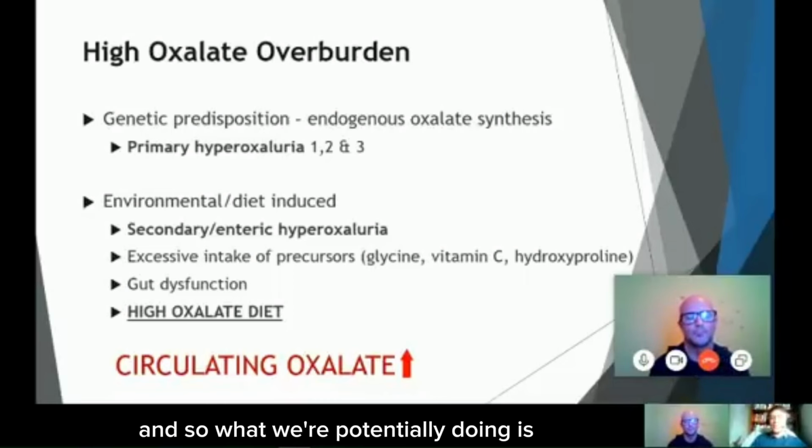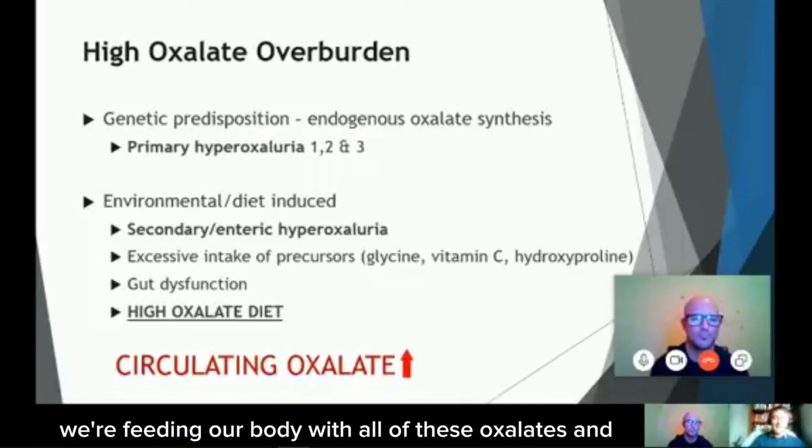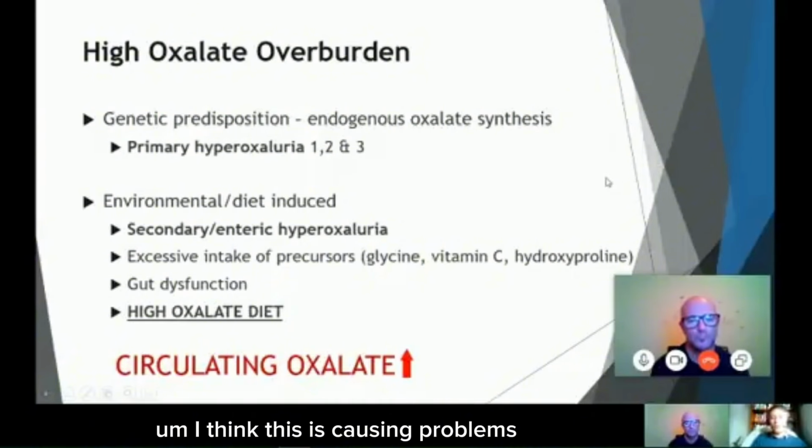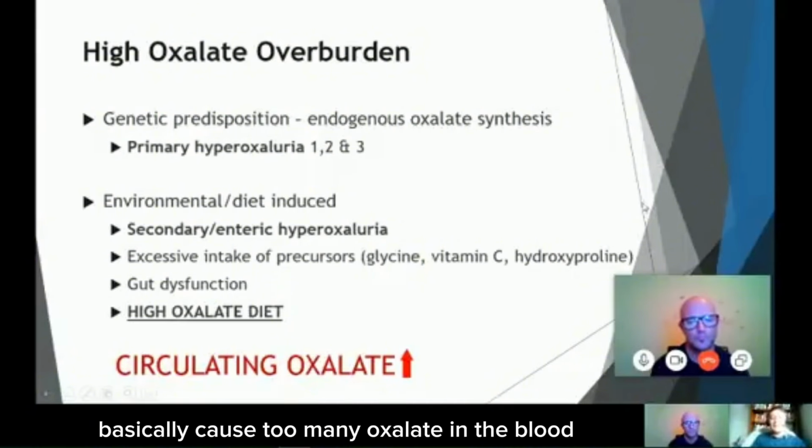So what we're potentially doing is feeding our body with all of these oxalates, and I think this is causing problems. These factors basically cause too much oxalate in the blood.